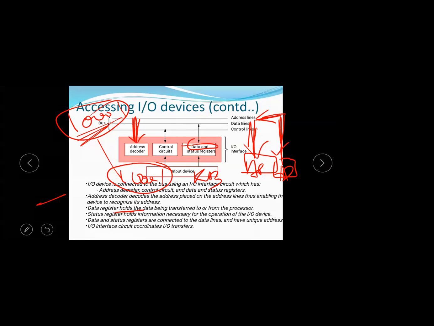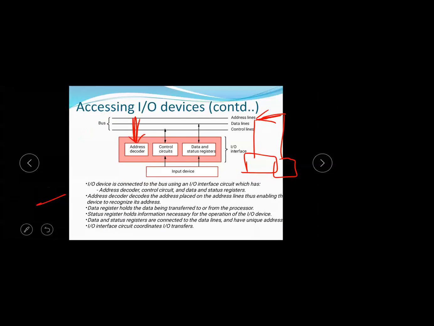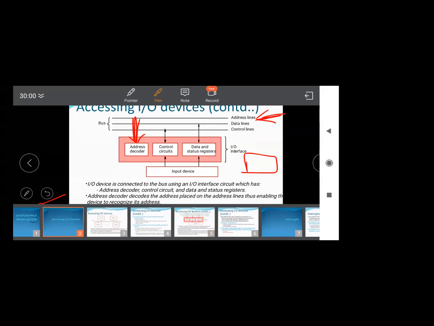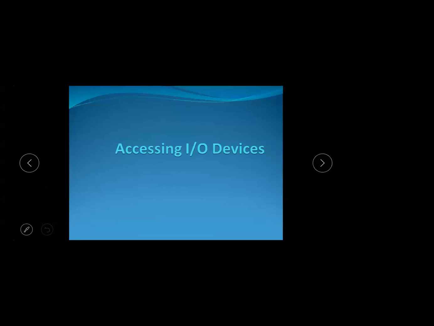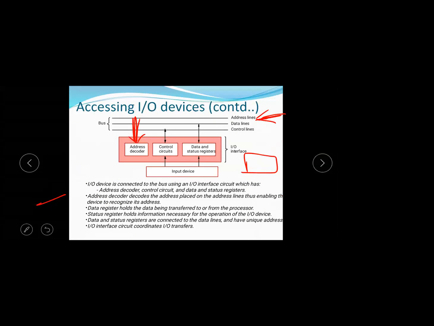Okay, it is the interface between the processor and the input device or output device, anything. These three are combined interface circuits. This is the input device to transmit these three devices.